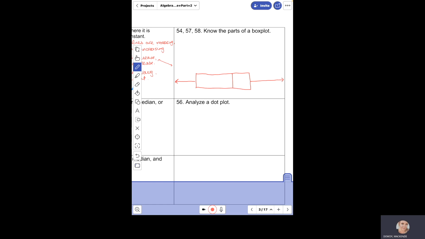Okay, remember we need 5 pieces of information for a box and whisker plot. Sorry, this shouldn't be arrows. Okay, now we can do. This here is our minimum.